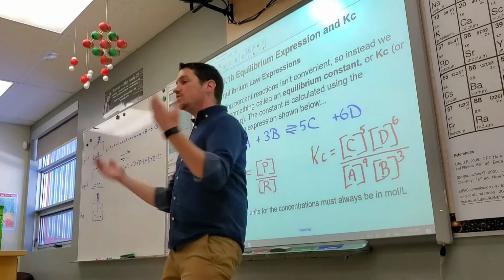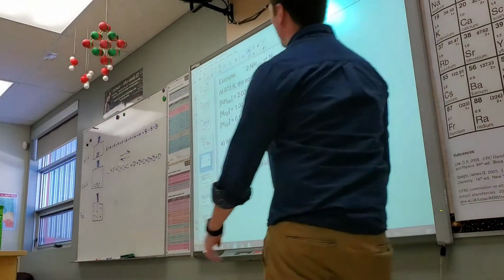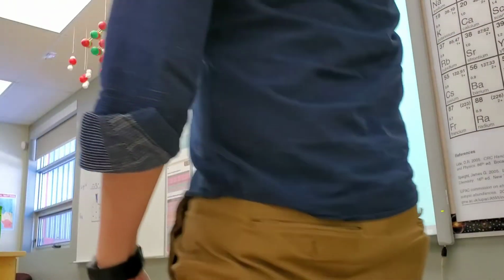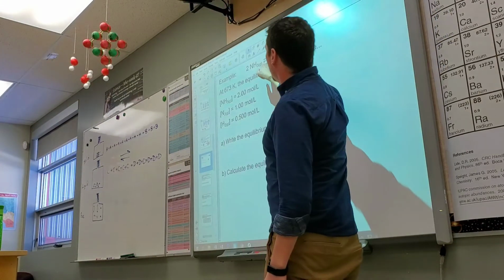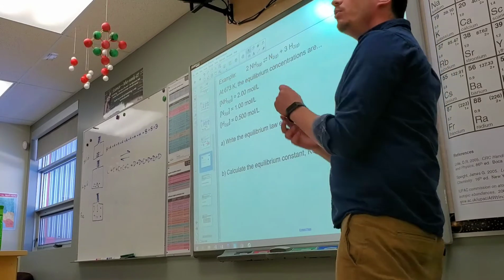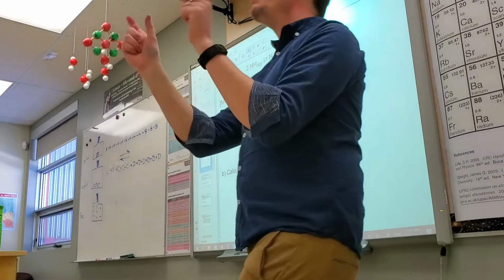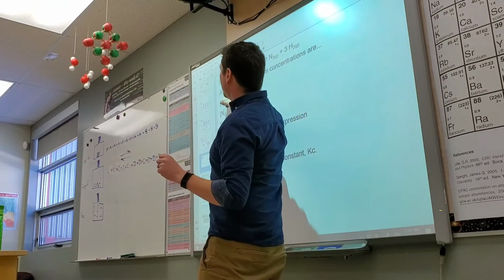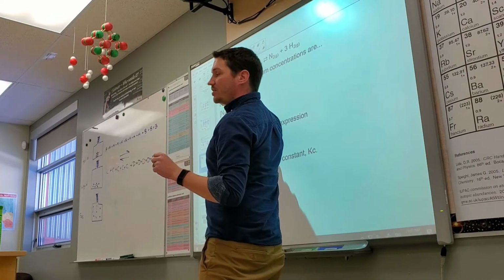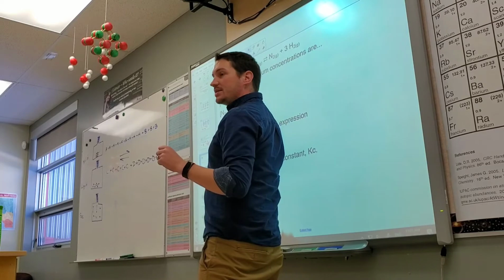Okay, so let's just do an example. So we've got the reaction. 2 ammonias are turning into nitrogen gas and 3 hydrogen gases. Now, I will always try my best to give you a temperature, because when I change the temperature, I change Kc.